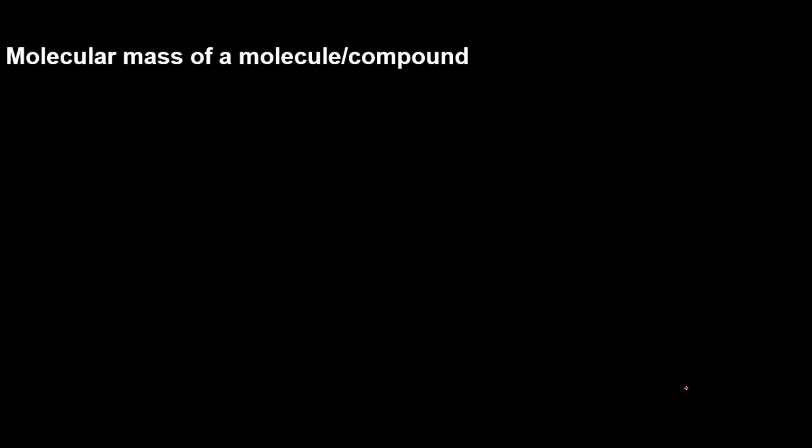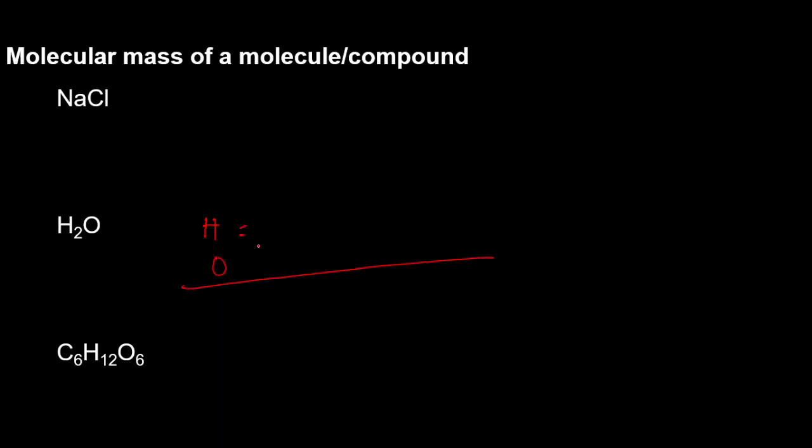That's for elements. How about for compounds? Of course, compounds or molecules are composed of 2 or more atoms. Let's go with H2O. What is the molar mass of H2O? It is composed of hydrogen and oxygen.